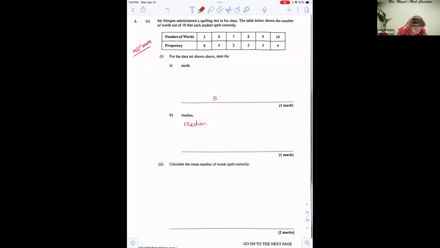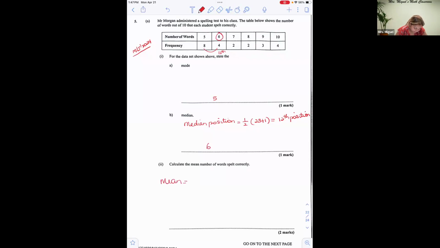So the median position is 23 plus 1 over 2, so we are looking at the 12th position. 8 and 4 is 12. So the 12th position will be 6.